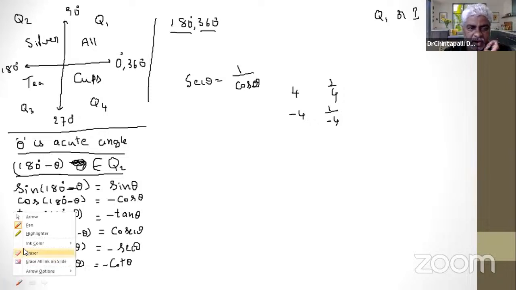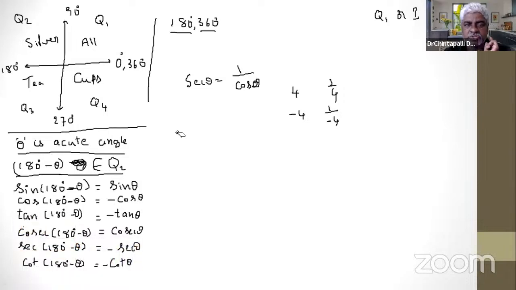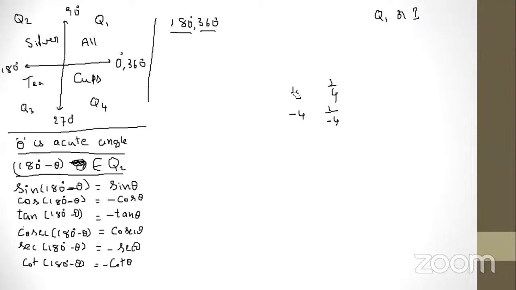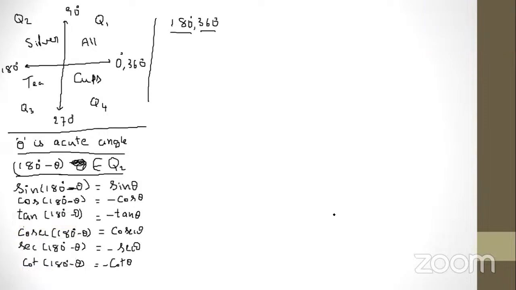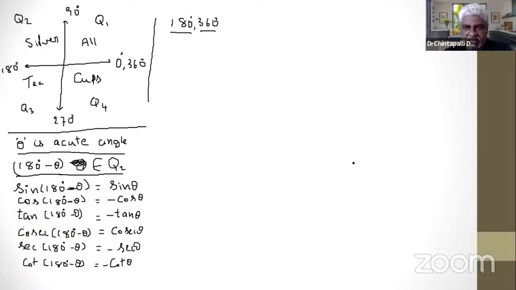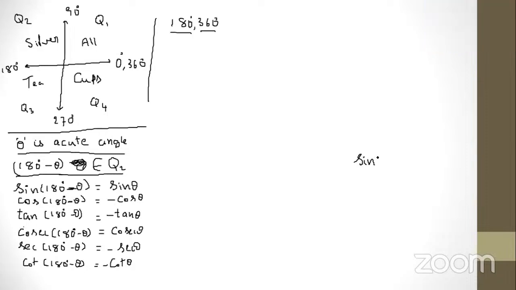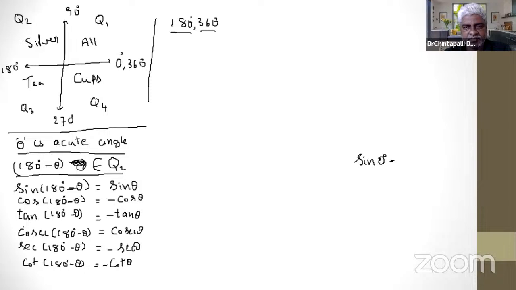Do you remember all the trigonometric values from 0 to 90 degrees? Not completely sure, sir. For example, let us take sine. Sine 0 degrees? Zero, sir.